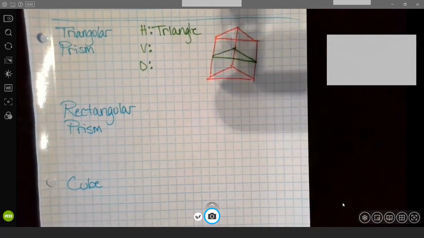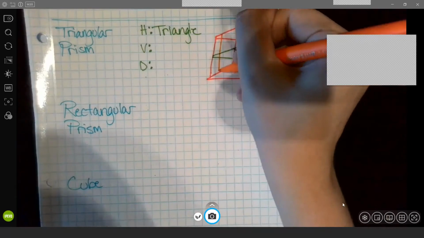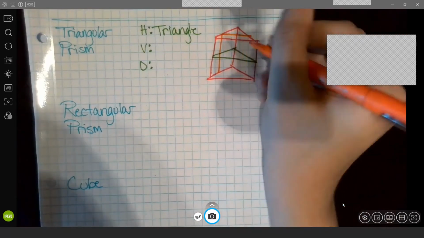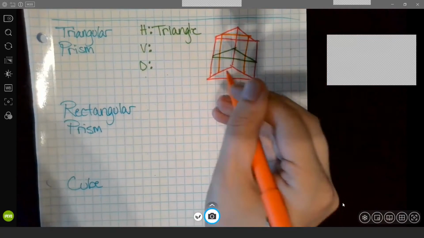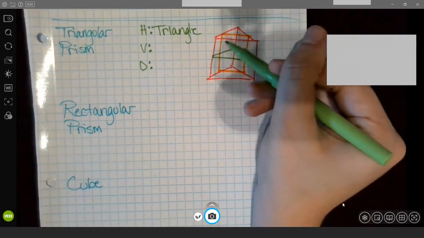And vertically, if I decide to cut vertically through this image, since my vertical sides are all rectangles, that means that my cross-section face should also be a rectangle.